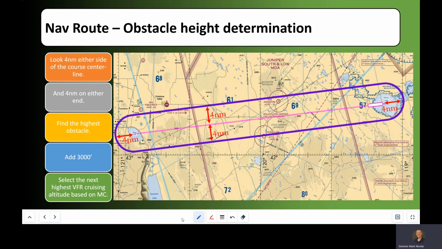And look for the highest obstacles in there. Once we find the highest obstacle, the cruising altitude regulation says that your cruising altitudes begin 3,000 feet AGL. Okay, so 3,000 feet above the ground is where cruising altitudes begin. So we find the highest obstacle, and we simply add 3,000 feet onto it. And then figure out, well, what sort of cruising altitude are we going to be able to use? So first bit here is we're going to determine the highest obstacle.